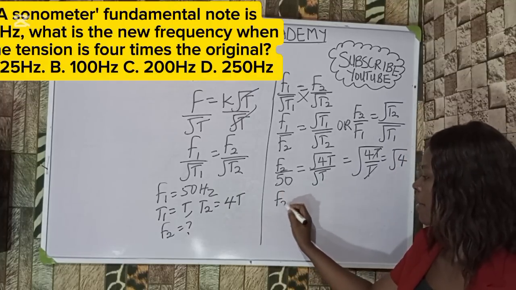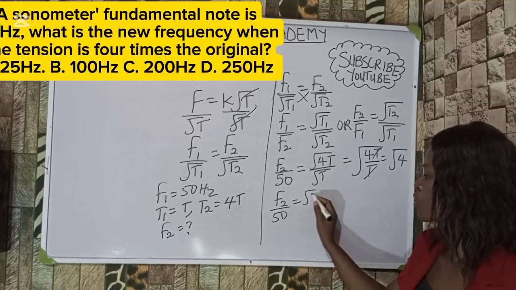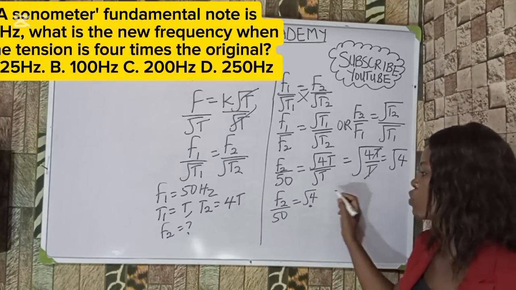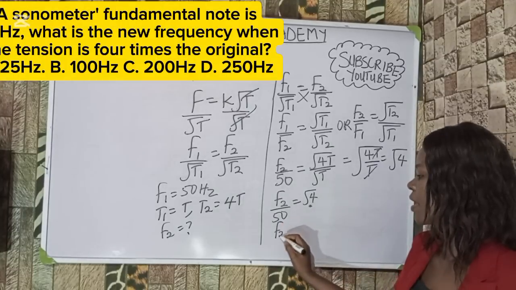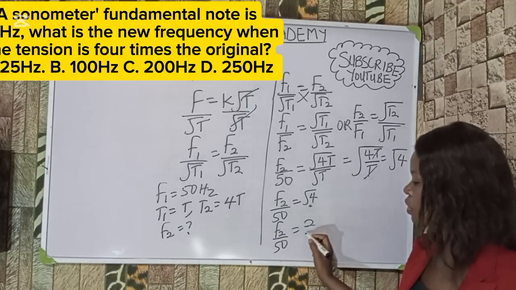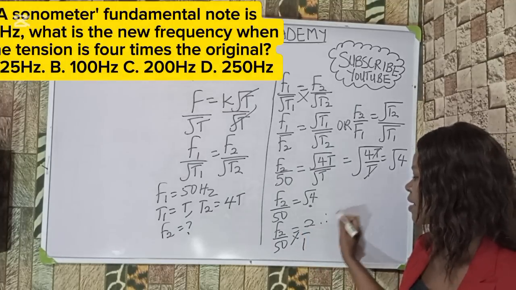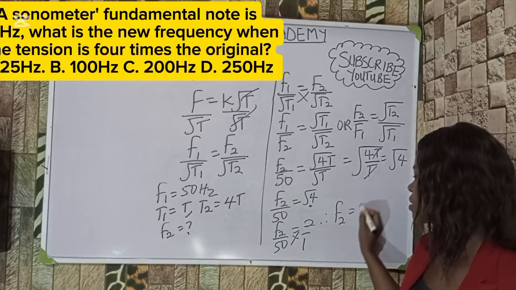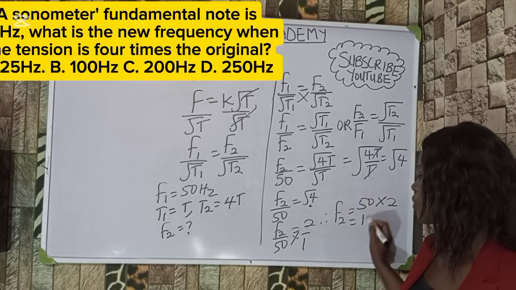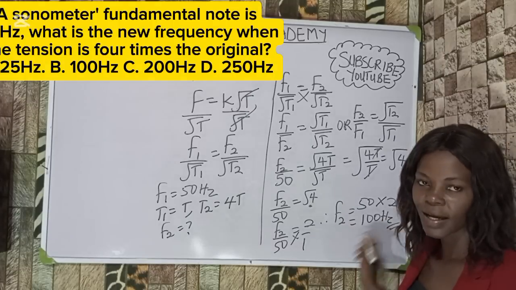So F2 over 50 is equal to root of 4. But this is a perfect square, so root of 4 is 2. That is F2 over 50 is equal to 2 over 1. So if you cross multiply, my F2 is equal to 50 multiplied by 2, which is 100 Hz. I hope that is clear.